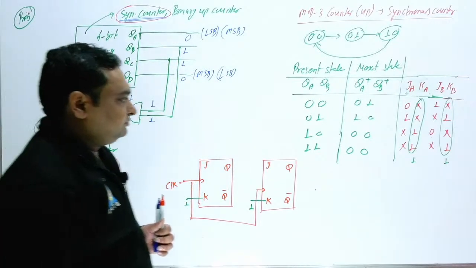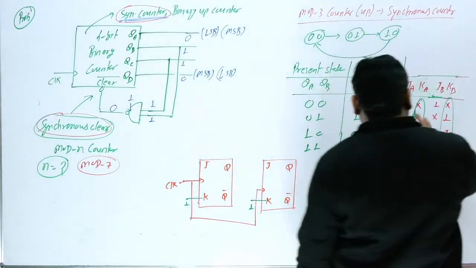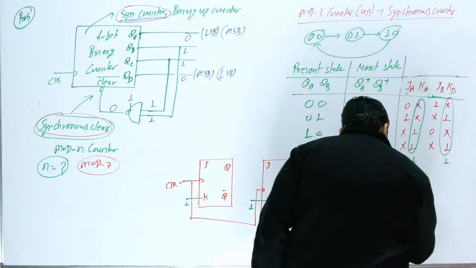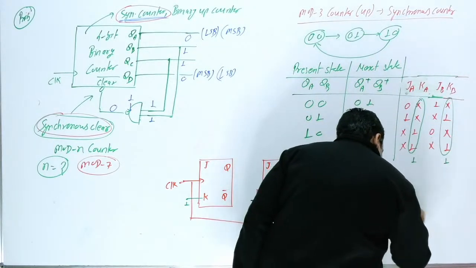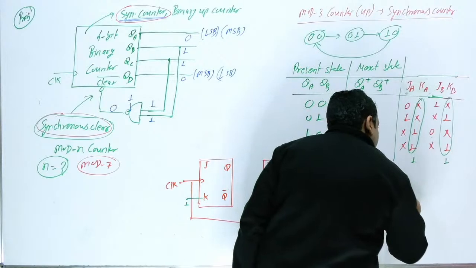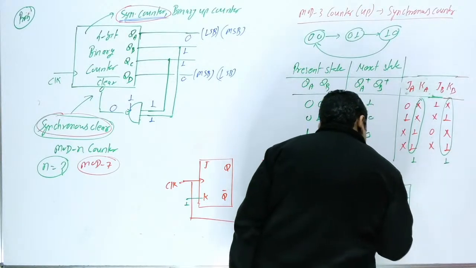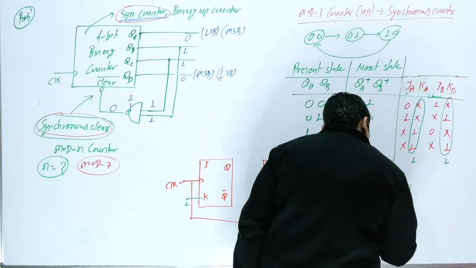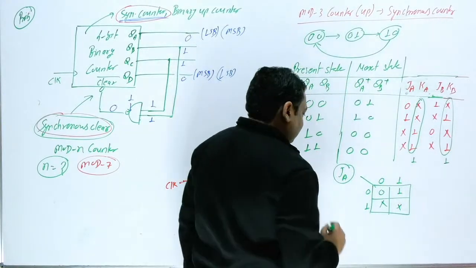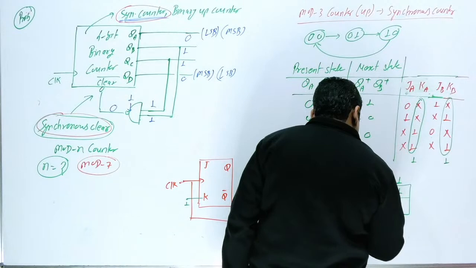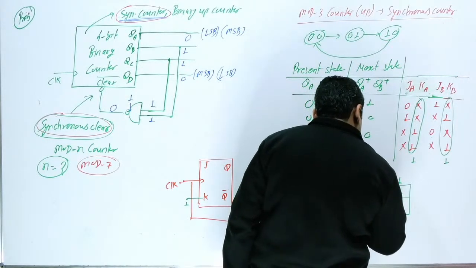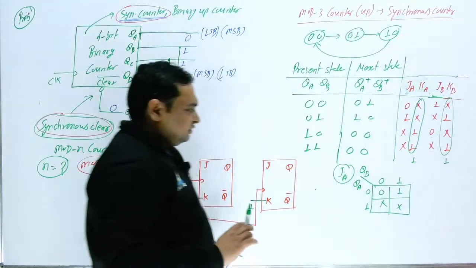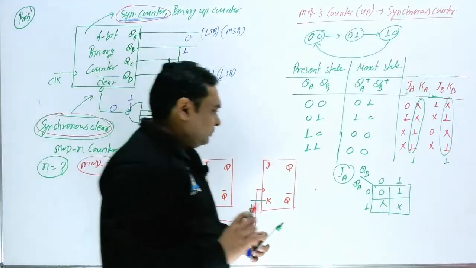What is the J? If you find out JA, this is 0, 1, x, x. This is JA, with values 0, 1. This is QA and this is QB. Which group can you form?